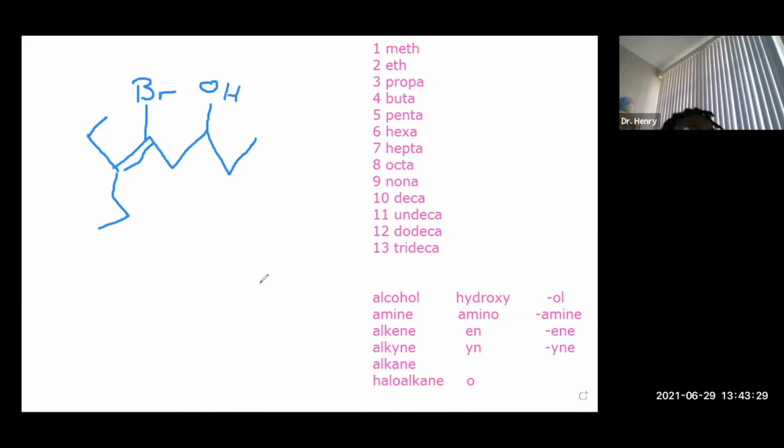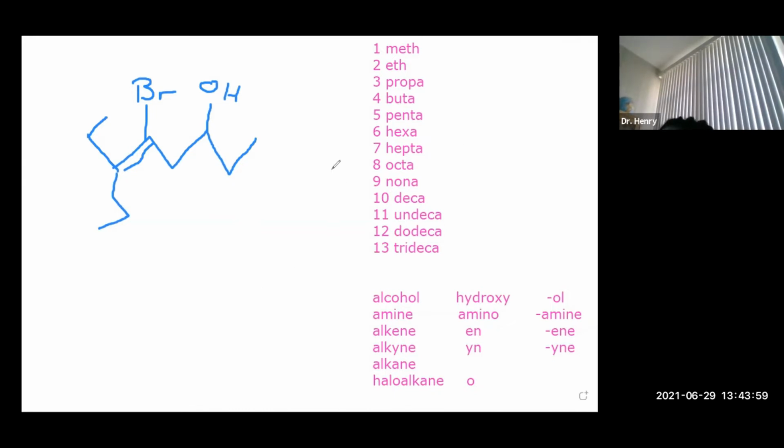Okay, am I going to start from the left side or the right side? Why am I going to start from the left? What was that? Say it again. Don't be shy. That's right. We're going to start from the right because OH has priority. Remember, it's all about priority.